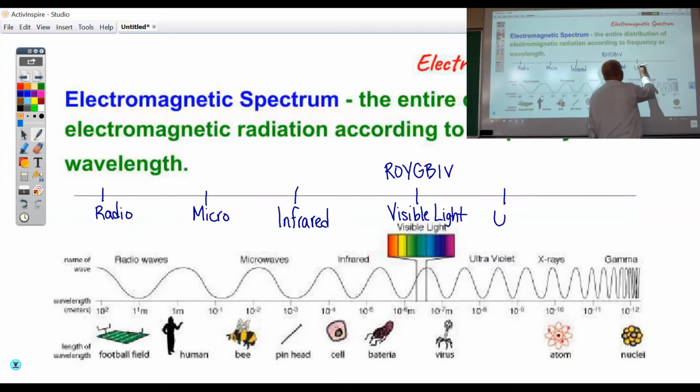Then past that, we're going to need to know UV, X-rays, and gamma.